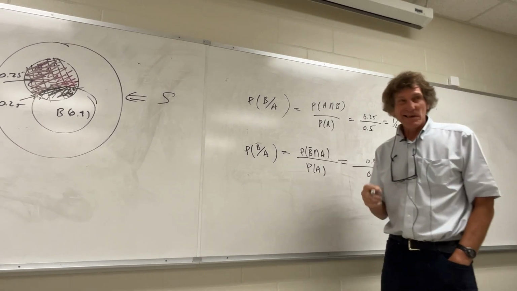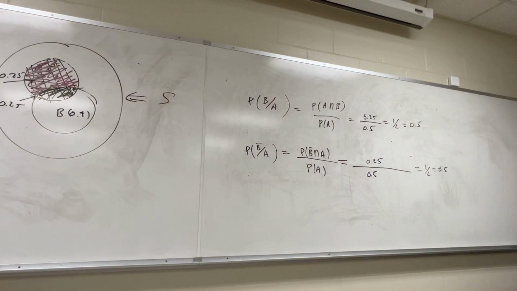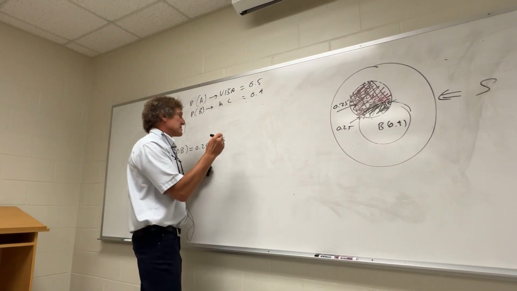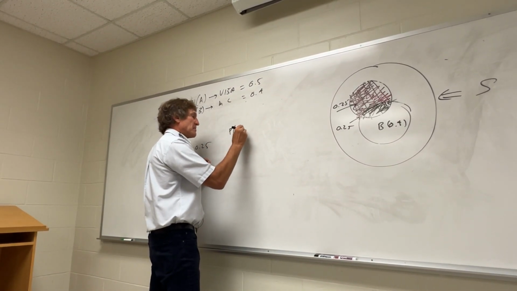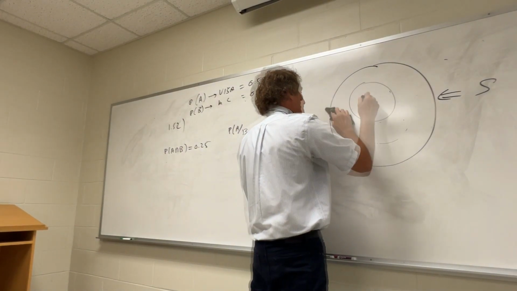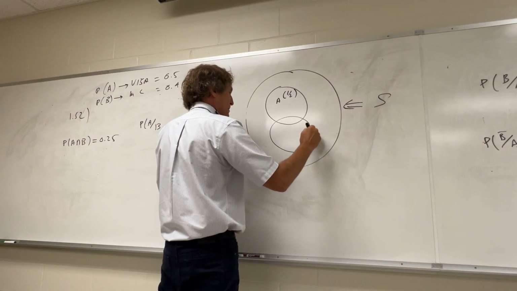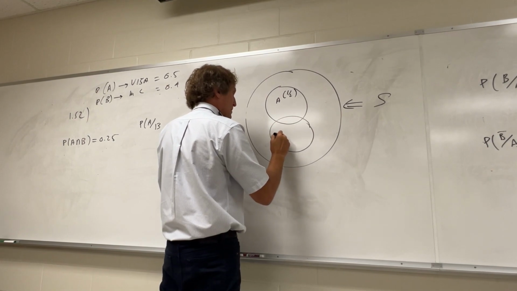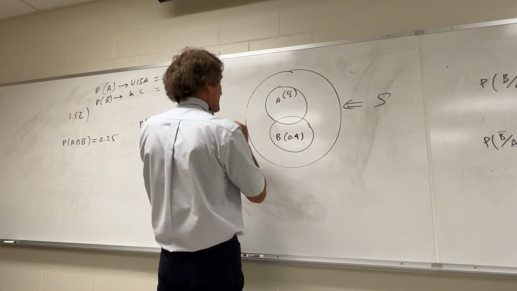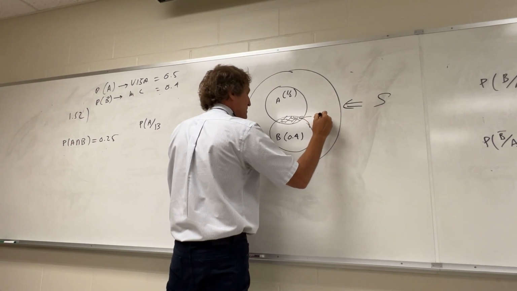Now the next part, I think you mess this one up, but I don't remember exactly. You get the wrong answer. The next part is what? Probability of A given B. Let me try to redo this just so you can see it. This right here, 0.25.